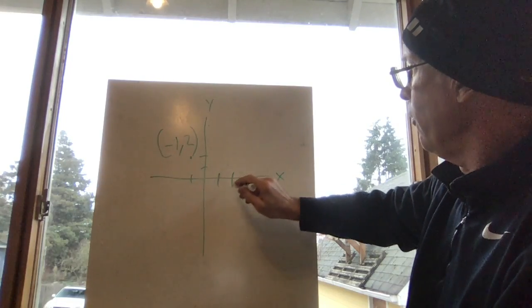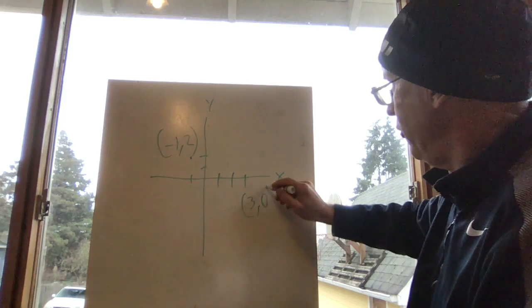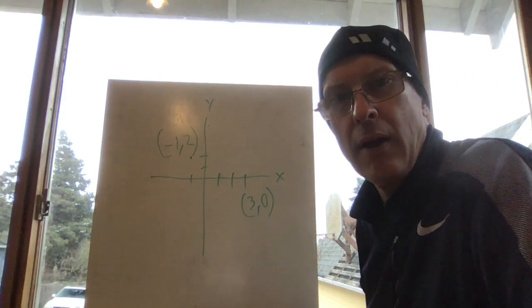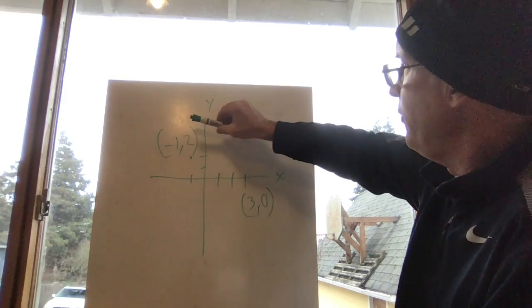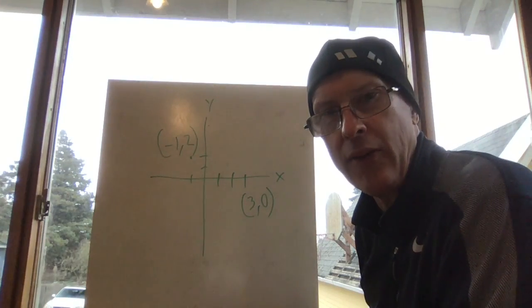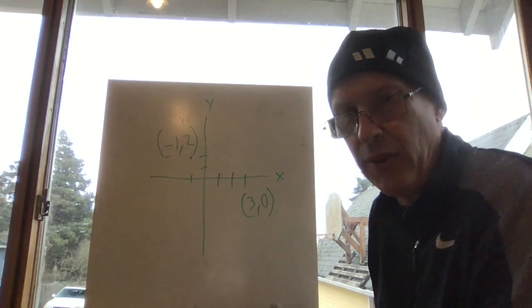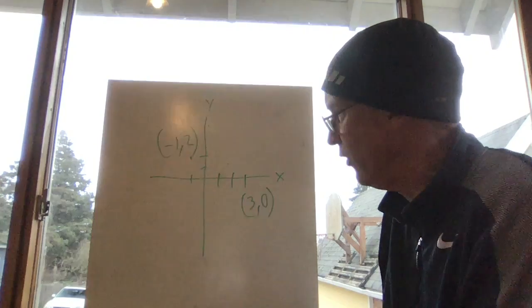And let's go over 3 and up 0. So this time we're going to figure out the distance between the x's and then the distance between the y's, and we're going to do the same method as we did for the one-dimensional thing. Now we're just going to do it in two dimensions.